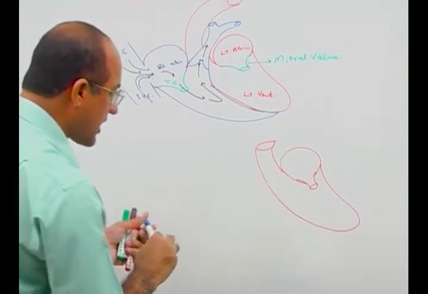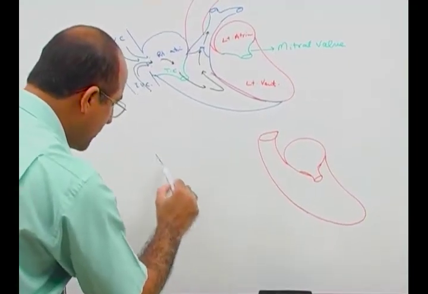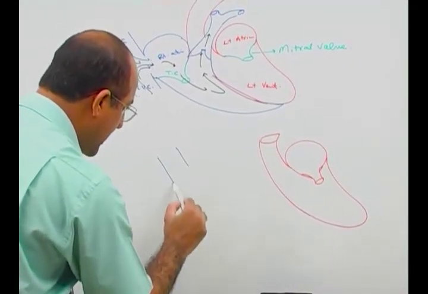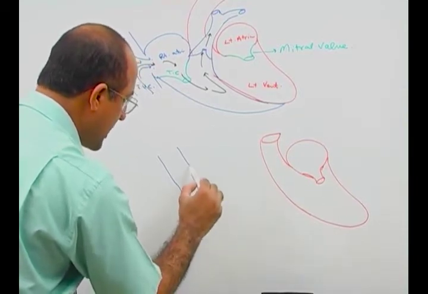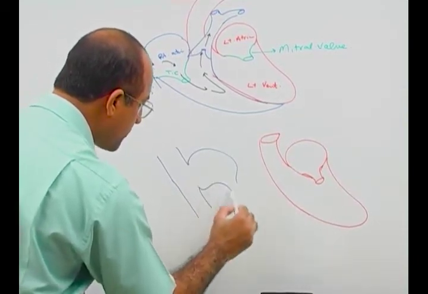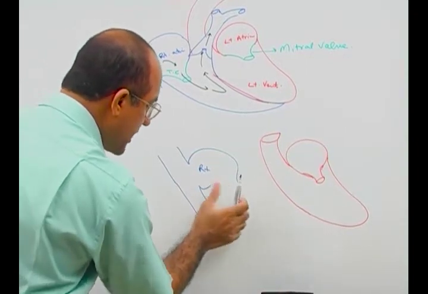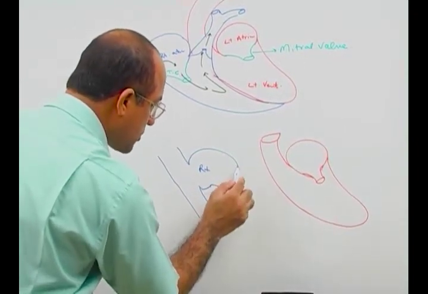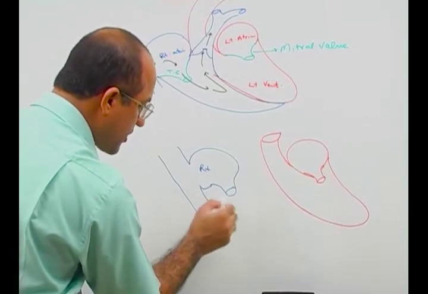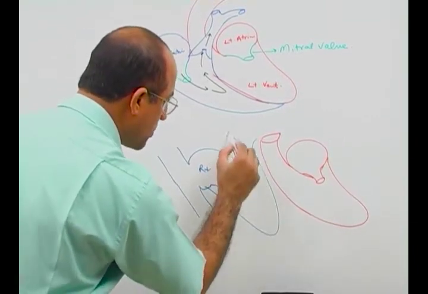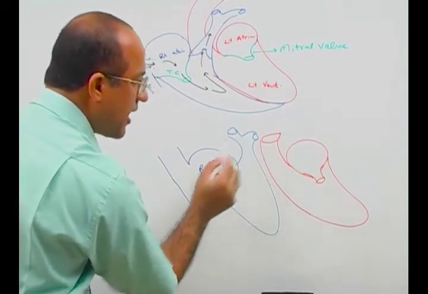Now I am going to draw the right heart. The input is the superior vena cava and inferior vena cava. They bring the blood to the right atrium. From the right atrium, through which valve is it going to the right ventricle? Tricuspid valve. And from here it is going out into the pulmonary artery.